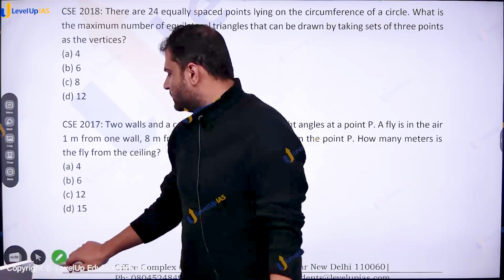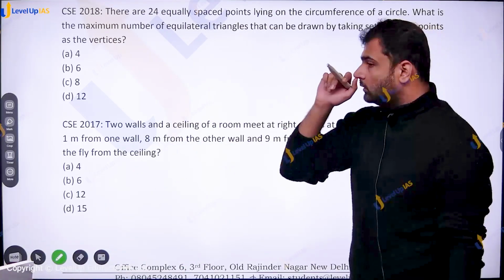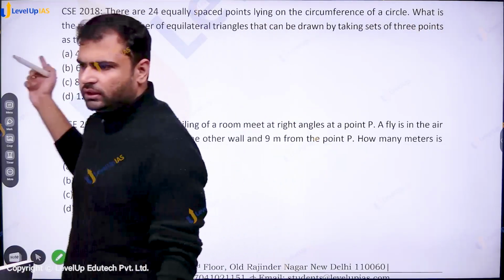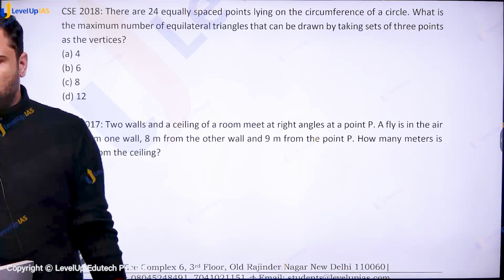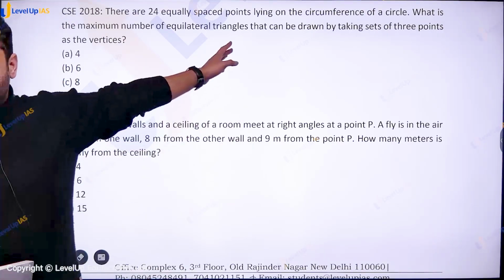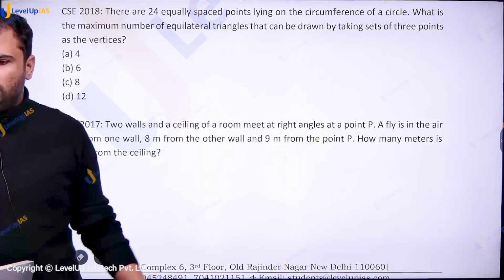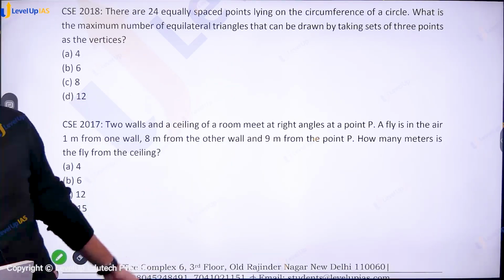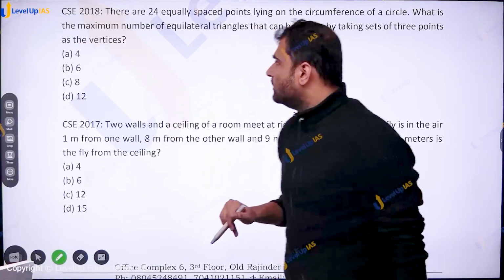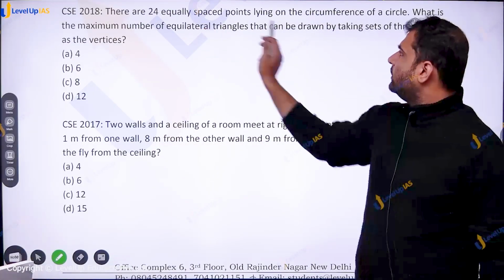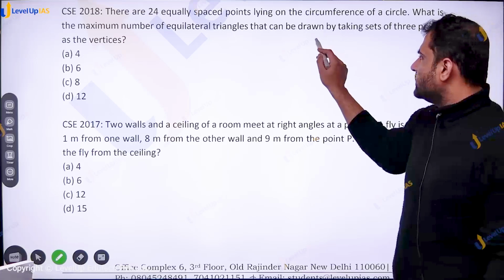What we are given is, we are given 24. ये वाला क्वेश्चन एक्सप्लेन करना है या फिर ऊपर वाला? Do you want explanation of the equally spaced points question or this question? Equally spaced वाला है suppose. Yes. We have 24 equally spaced points on the circumference of a circle.